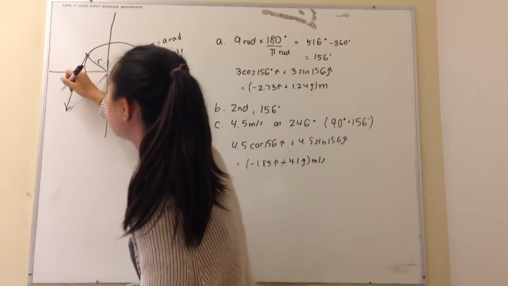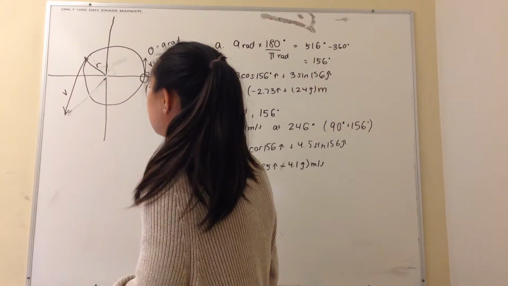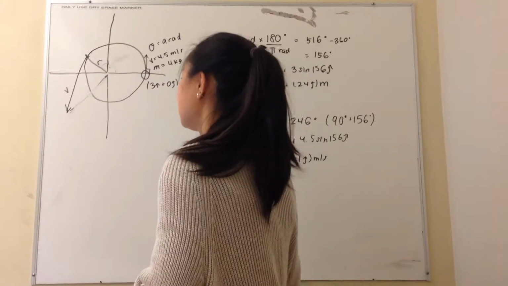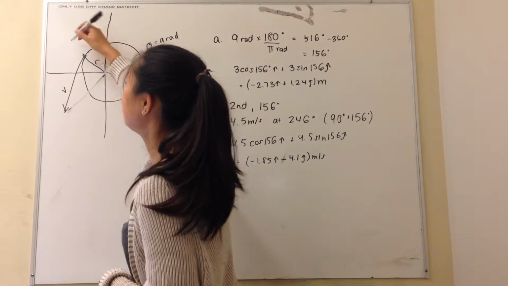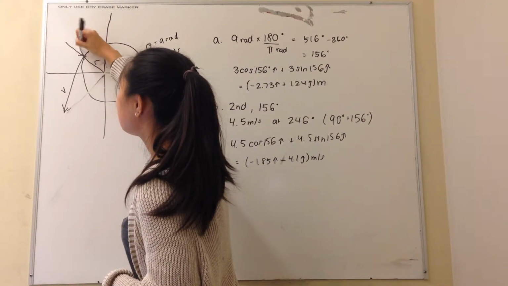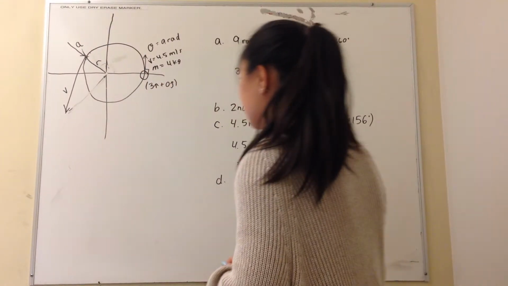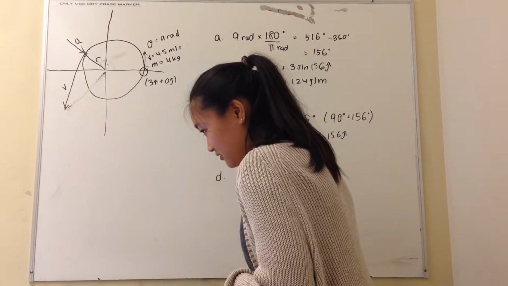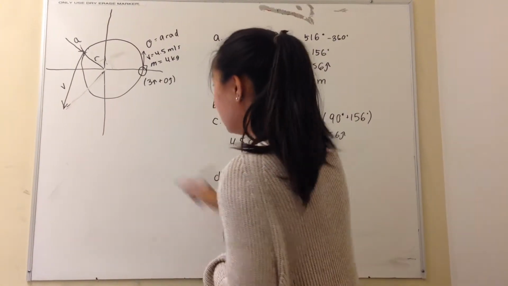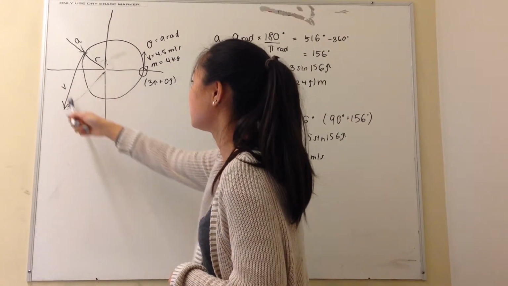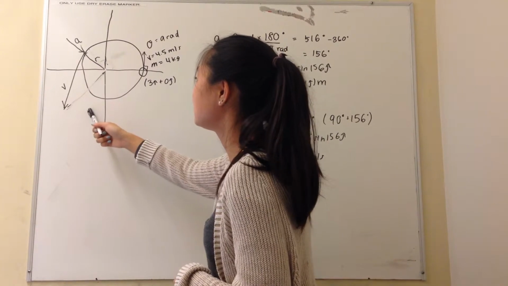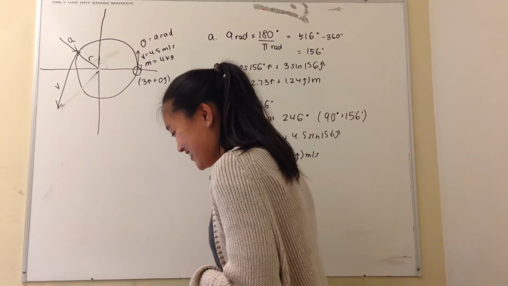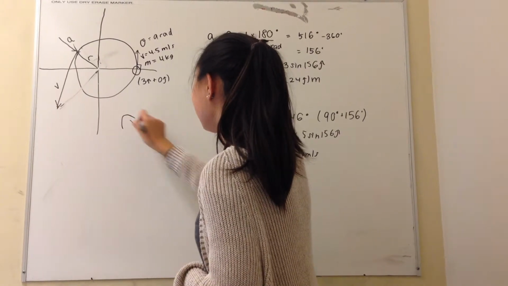And for the acceleration vector, it's the centripetal acceleration, so it's always pointing into the circle. So it's moving towards the third quadrant here. And that takes care of part D.